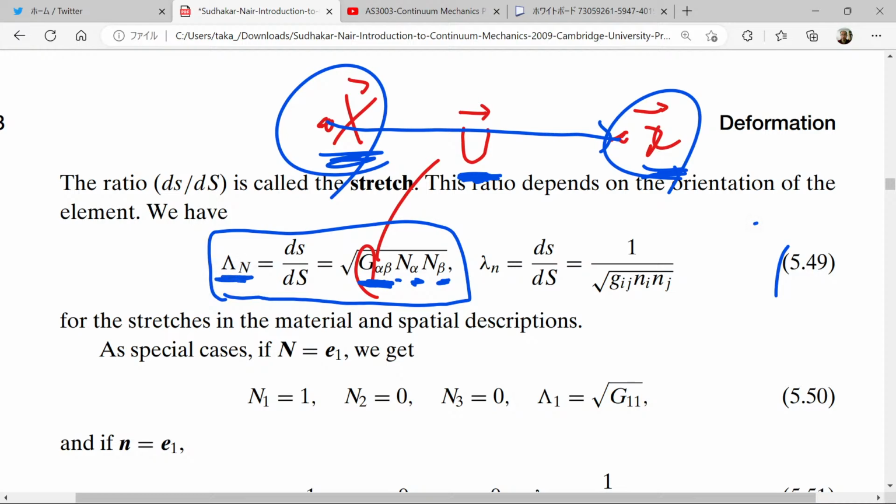You can write this same stretch as lambda. Lambda large n, stretch, equals small lambda n.